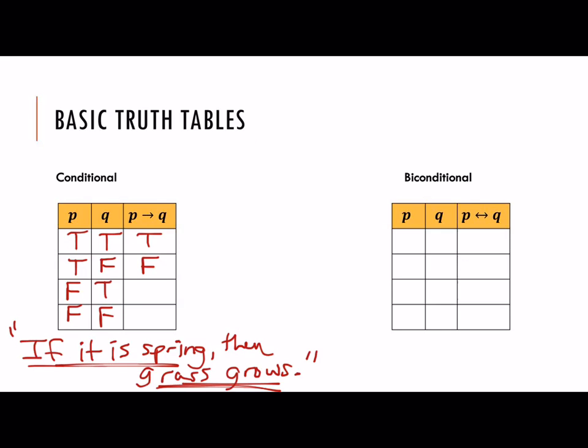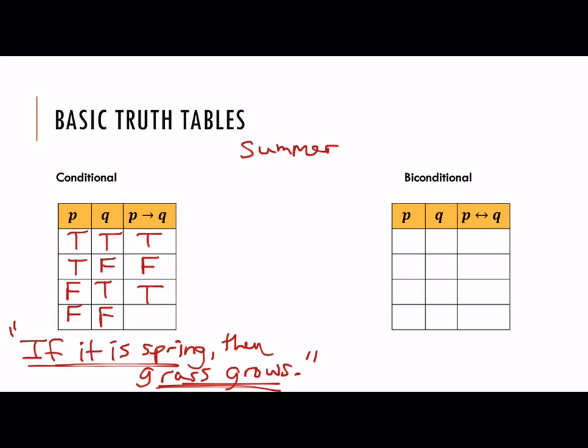So let's say that it's summer, and I say if it's spring, then the grass grows. Well, I have no evidence to say that that's a false statement because we're in a totally different season, and maybe the grass is growing in summer, but that doesn't have anything to do with the statement. So we would say that the statement is still true.